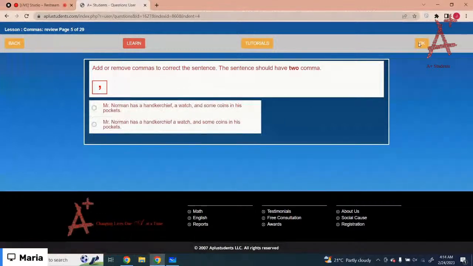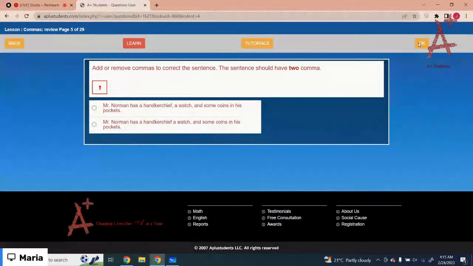Mr. Noman has a handkerchief, a watch, and some coins in his pockets. So which is the correct option? Option number 1 is the correct option.